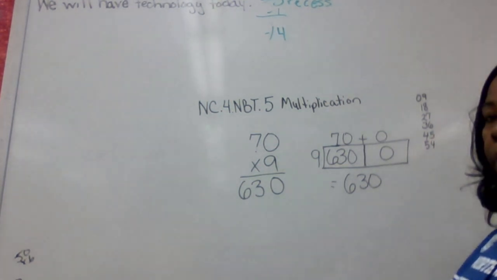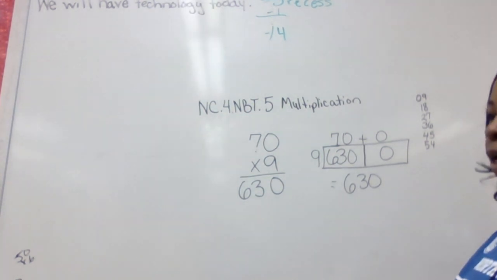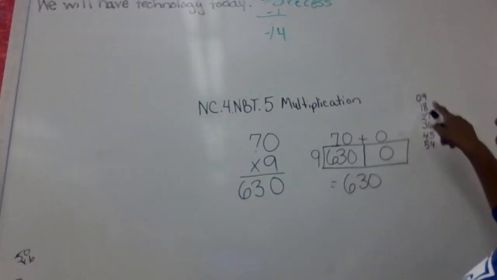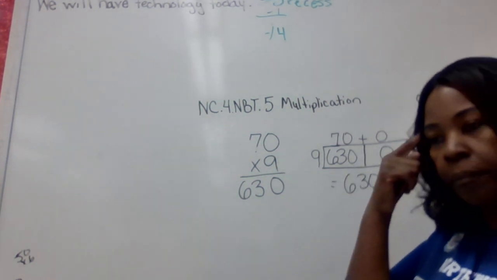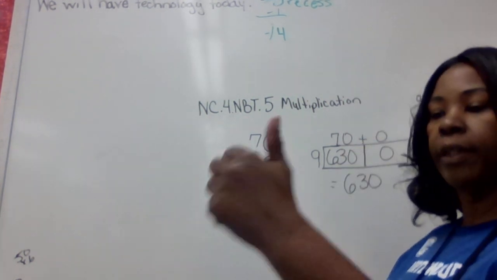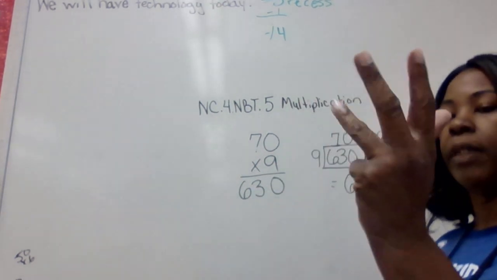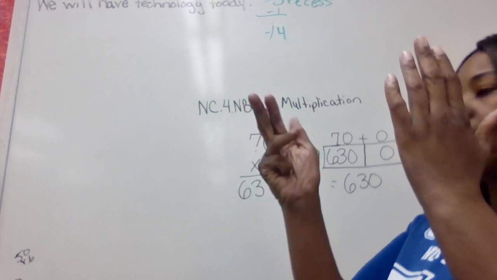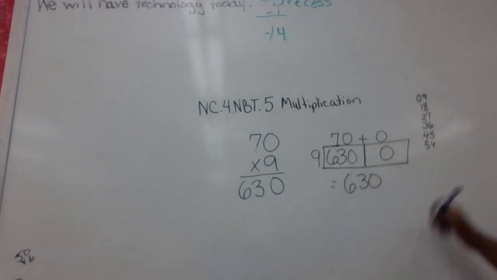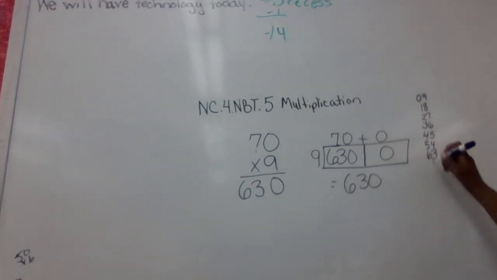So some may be able to get to 54, hopefully. If not, this is what you do. We're going to use our strategy. We're going to put 54 in our head, and we're going to add on what? We're going to add on our 9. So 54 in our head, 55, 56, 57, 58, 59, 60, 61, 62, 63. Okay?